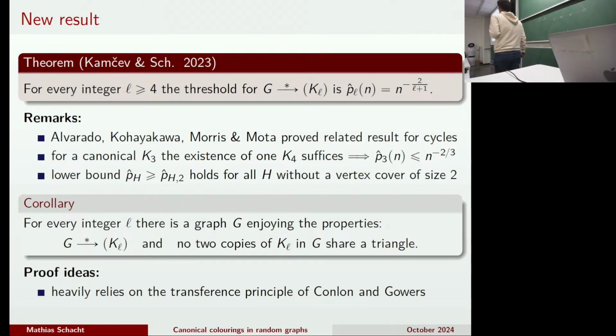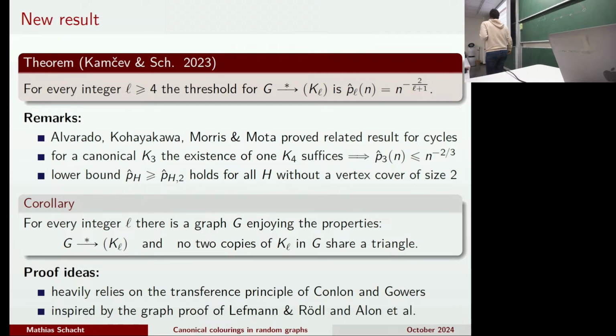Okay. As I said, this proof is inspired by, or is a streamlined version of, this proof of Lefmann and Rödl. It also appeared in a paper by Allen et al. And in order to give you something which you can take away from this lecture, and not to be showered down by the technicalities of the Conlon-Gowers transference theorem, I will tell you this proof.